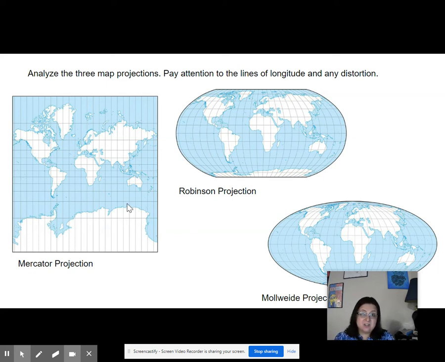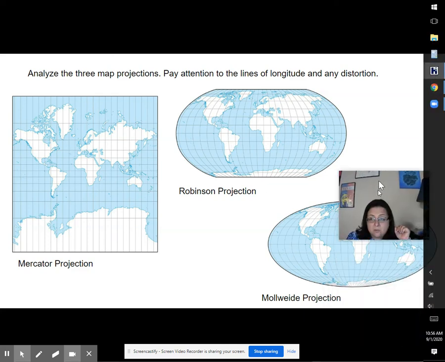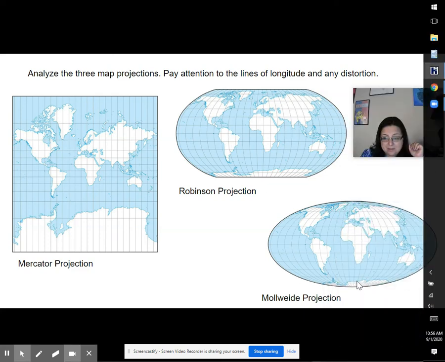One thing that the video talks about is what is the best way to take a 3D globe or sphere and make it into a flat surface so that we can see it or have it on paper. Looking at this, we see some clear distinctions. My first one was Africa, counting the blocks and seeing if the blocks were the same everywhere else.